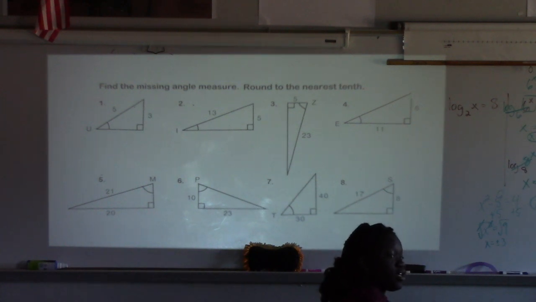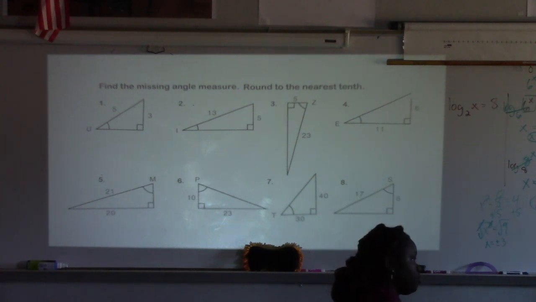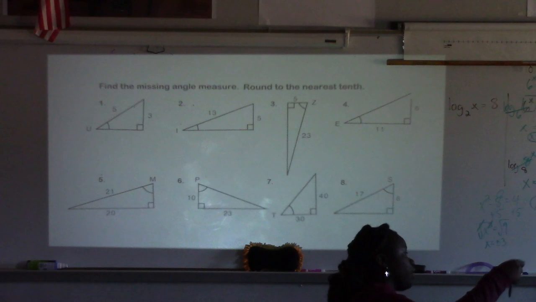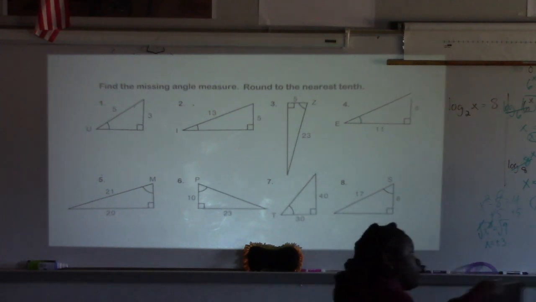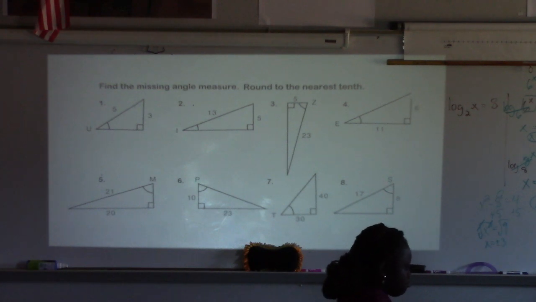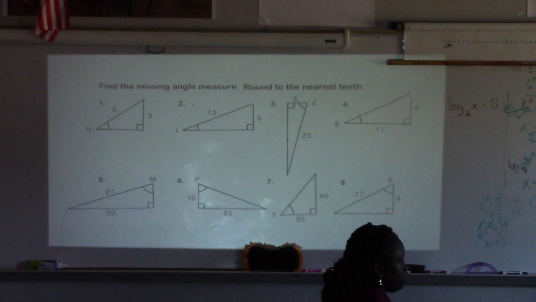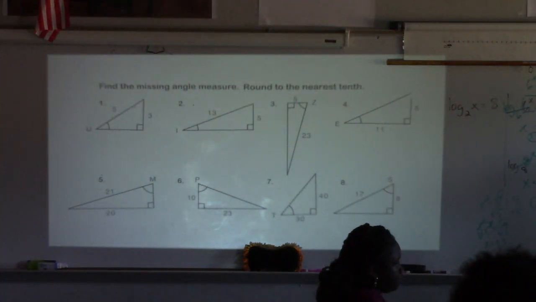Just follow those directions. Amari, can I give this back to you? You can put it away and be responsible for the rest of the day? Or do I need to hold on to it until the end of class? By the way, Amari, you never did take this test.